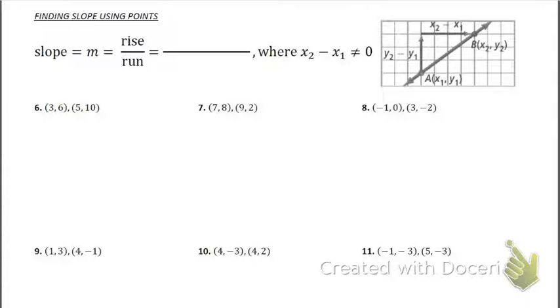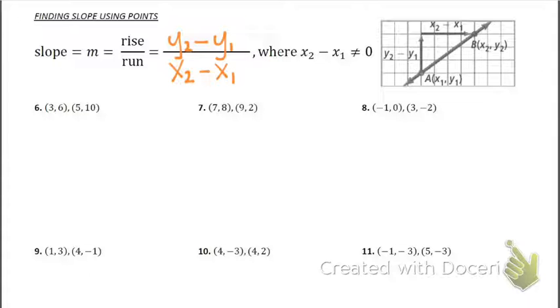So what did we do when we were finding the change in the y? How do you find the difference between the y's? What did we do with the table? We subtracted them. So we say y2 minus y1. And those little subscripts 2 and 1 indicate which coordinate, which point you're using. Over the change in x. So x2 minus x1.